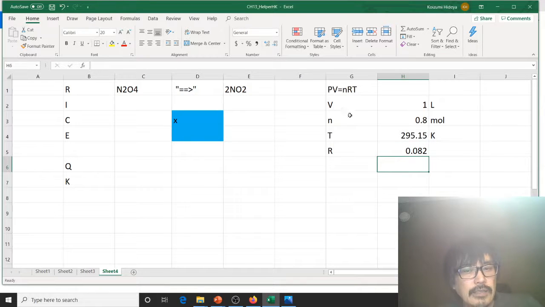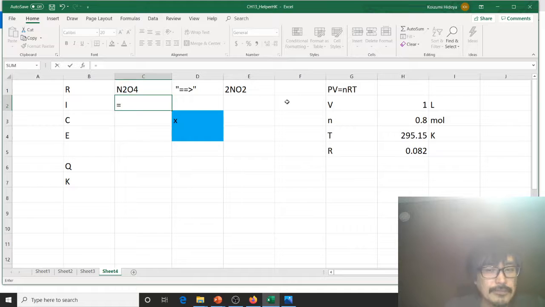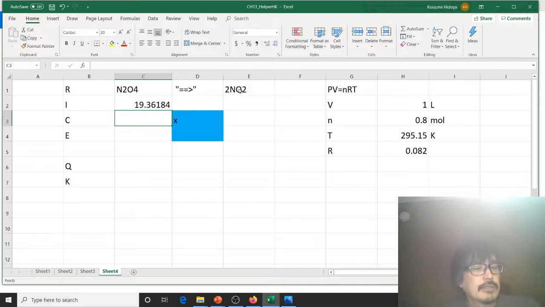So I can actually try to find the initial pressure, right? So the pressure is equal to nRT divided by V, right? So n times R times T divided by volume, right? So that's in ATM for that one.